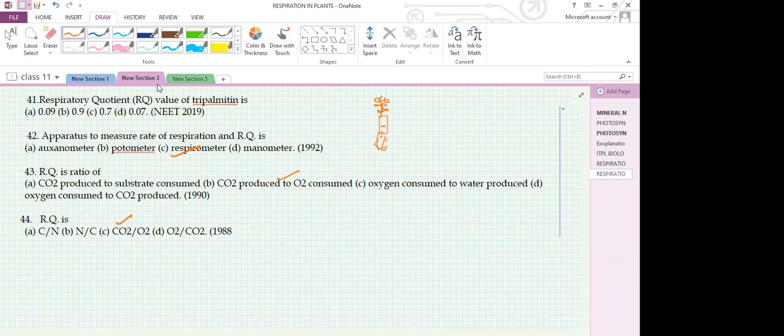The respiratory quotient value of tripalmitin is, just now we discussed, how much? This is because of the NEET point that we have taken this.